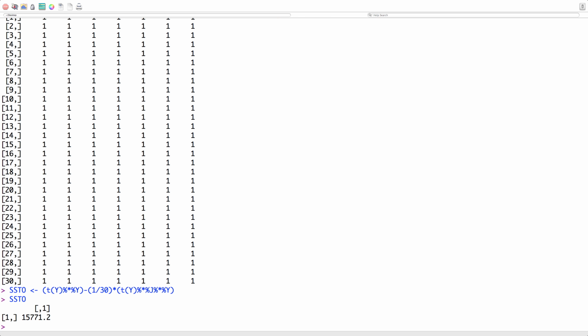So our sum of squares for the total is going to be 15,771.2.